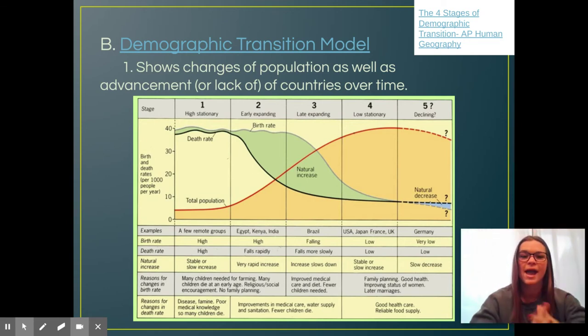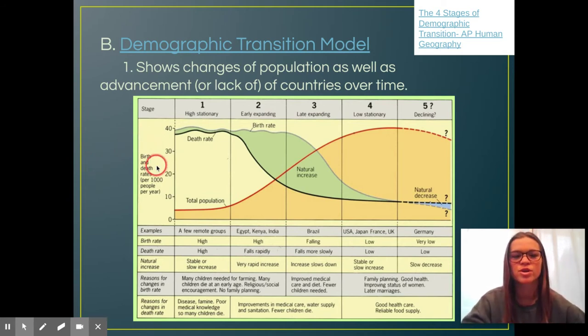We're going to look at 5 stages. We'll really only work with stages 2 through 5, and we'll explain why that is in a bit. The y-axis are birth and death rates per 1,000 people per year. Okay, so that y-axis is always going to be looking at birth and death rates.